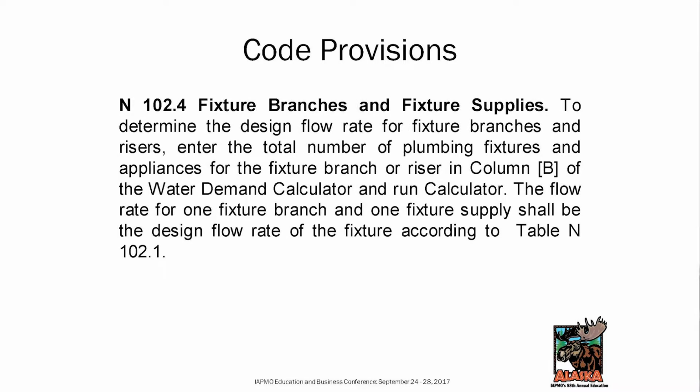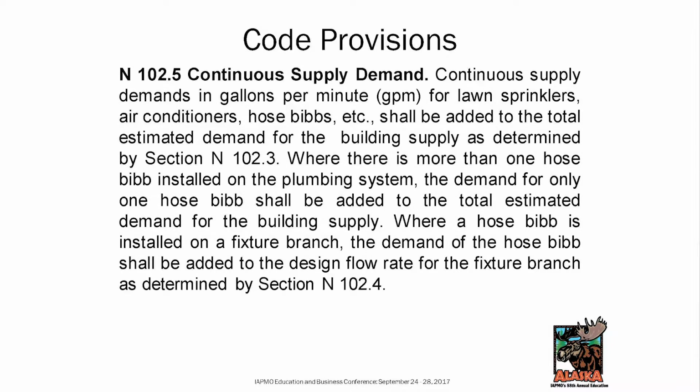Same thing with fixtures, fixture branches and fixture supplies, except when you get down to just only one fixture, then the flow rate for one fixture branch and one fixture supply shall be the design flow rate of the fixture according to that table or according to the flow rate of that fixture that you're installing. This language is no different than what you're seeing in Appendix A already for continuous supply demand. You add it to your estimated flow rate.